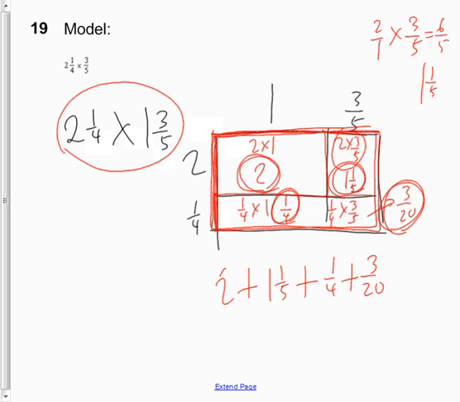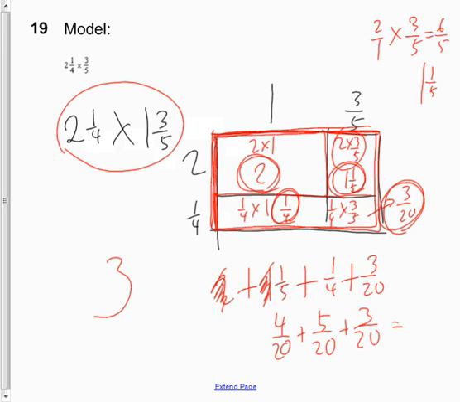So right off the bat, I'm going to get rid of my whole numbers. I'm going to go 1 and 2, and I'm going to put that 3 over here. So now what I'm going to focus on is just the fractional parts of the answer. Use 20 as my common denominator. The third fraction won't change because 3/20 is equal to 3/20. 1/4 is equivalent to 5/20, and 1/5 is equivalent to 4/20.